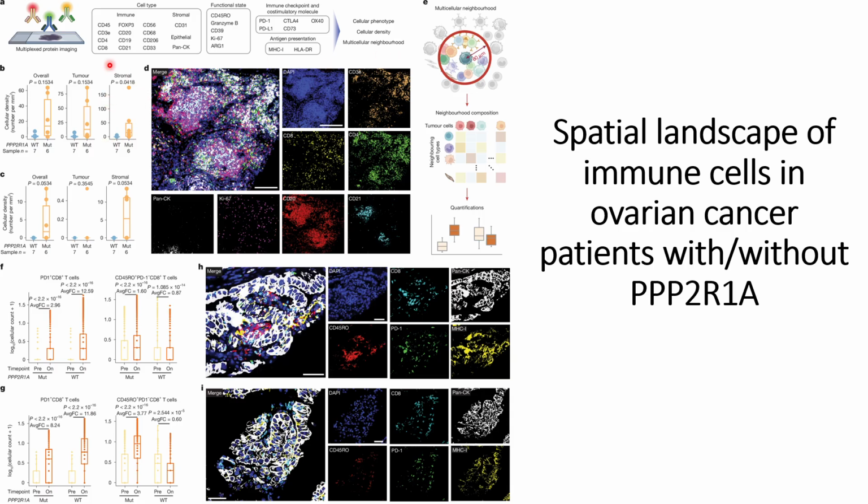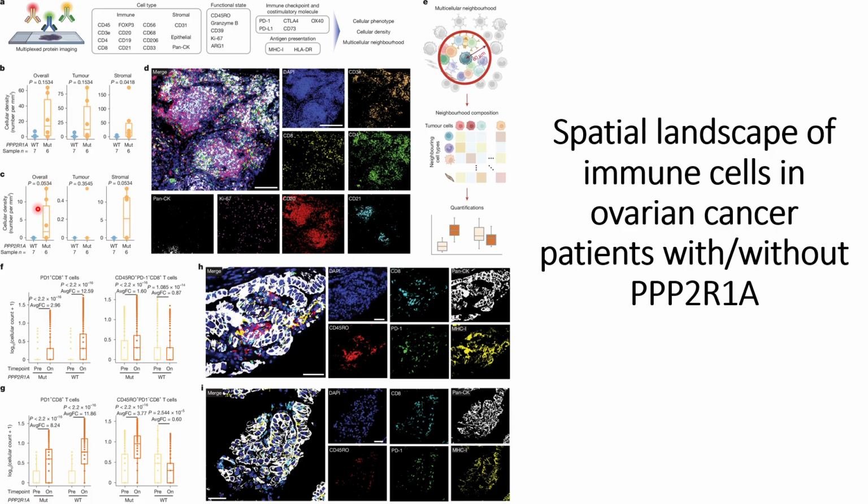First they check the B cells overall, in the tumor region and in the stromal region, and they are able to find that the amount of B cells is increased in the case where PPP2R1A is mutant for all the conditions, that is overall, and also near the tumor and in the stromal region.